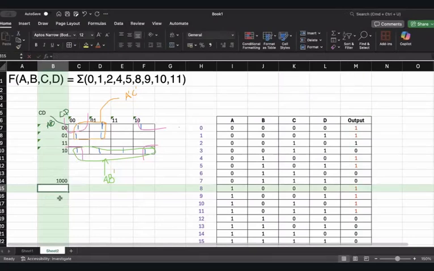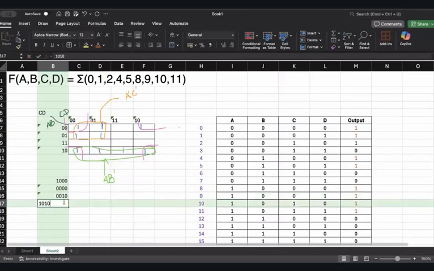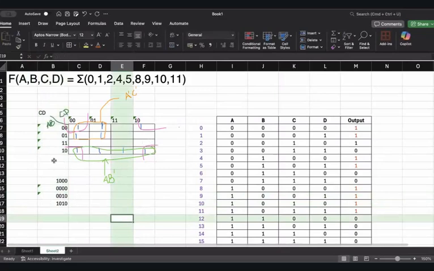If not, you can make it like this also. This one is 0 0 0 0. Now for this one, the value is 0 0 1 0. Then for this one, the value is 1 0 1 0.